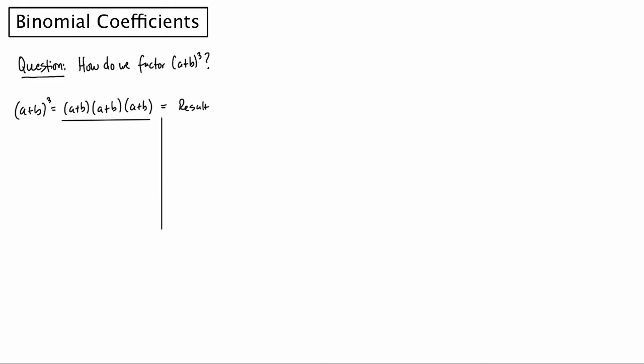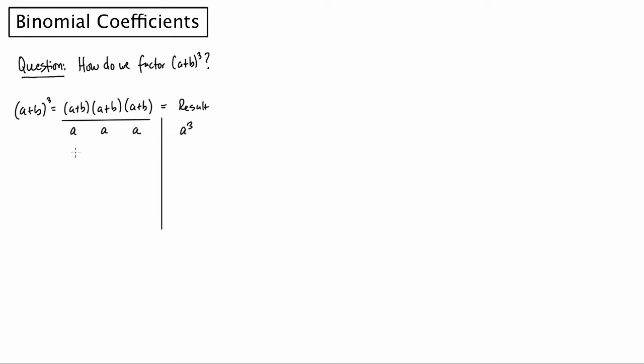So I'm going to start with, for example, from the factor a plus b, let's suppose that we chose all a's. If you were multiplying across, basically what you do when you factor is you choose one of the components from each of the factors, and then multiply all across. So if we chose all of the a's, the result would be a cubed.